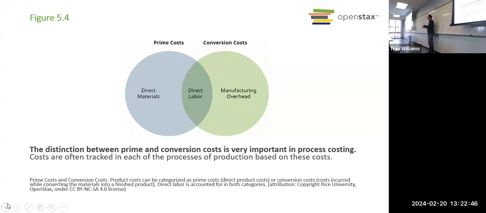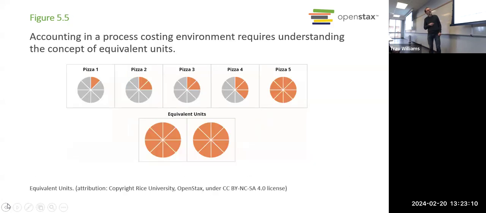And the ones that are in process might not be completely converted, right? Because if they were completely converted, they'd be done. So maybe they're 20% converted, or 50%, or 70%. And that's where we get into that concept of equivalent units of conversion that I said is the trickiest part of this whole chapter.